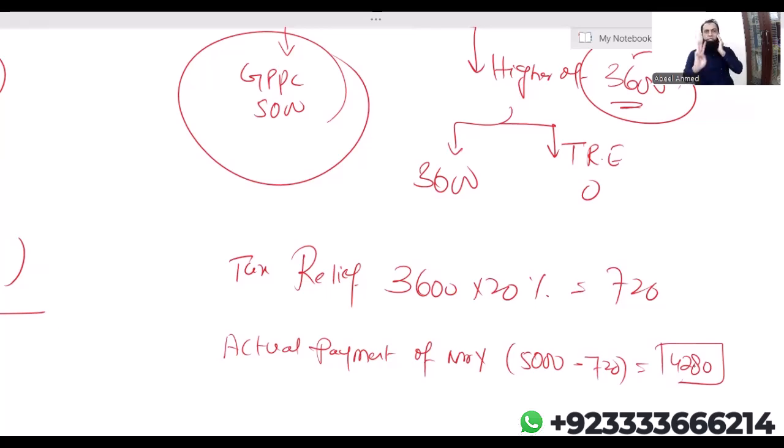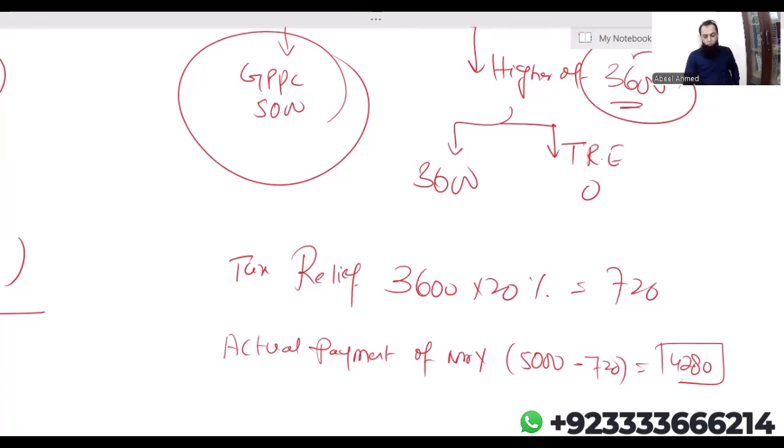Relevant earnings are three: trading income, employment income, and income from furnished holiday letting. The total relevant earnings are compared with 3,600, whichever is higher. Then that higher amount is compared with the gross PPC, whichever is lower. Bands will increase by the lower of. Next point: tax relief is always 20% of the amount by which your bands are increased.